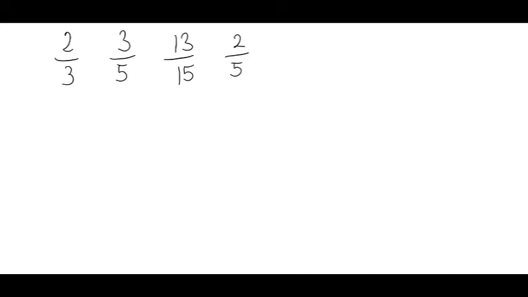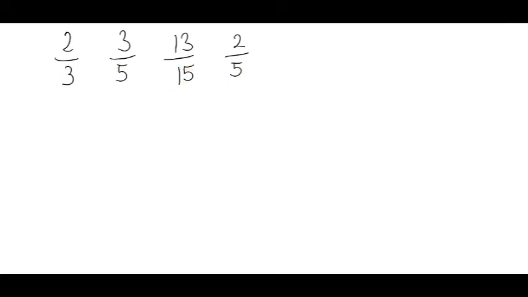Now, of course, we can't order them unless they're the same type of thing. We can't compare them unless they're the same type of fraction. And to do that, we make the denominators the same. So we need to get all these at the bottom the same number. And when they're the same number, they're the same type of thing, you can then order them.